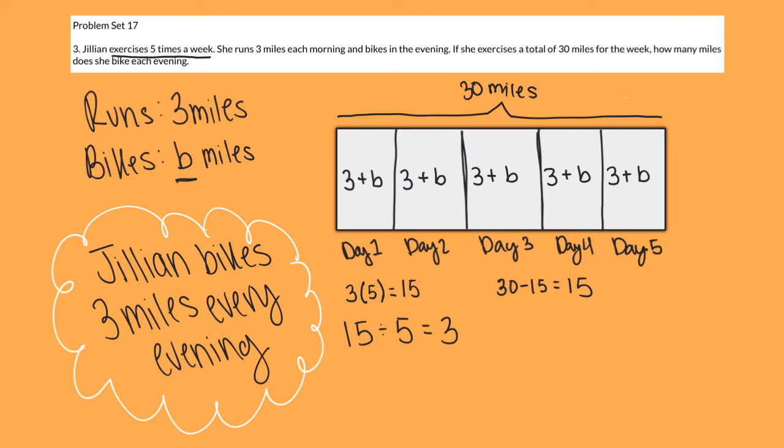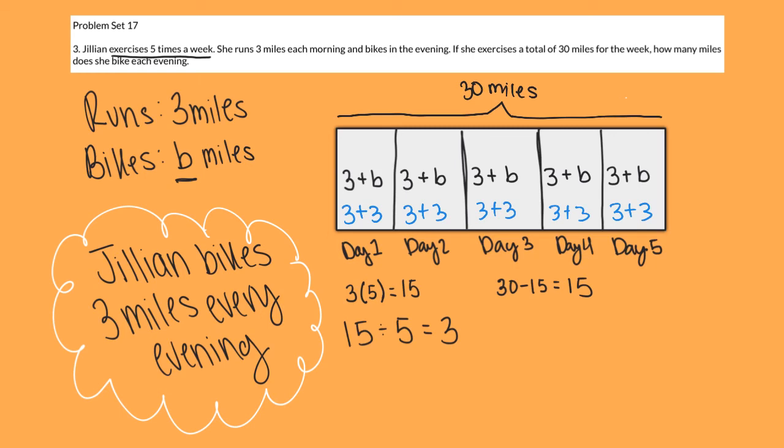Okay. All right, to check our work, we can go ahead and go back to our tape diagram. Now that we know that B equals 3, I have 3 plus 3, 3 plus 3, 3 plus 3, 3 plus 3, and 3 plus 3. Okay, guys, well, what is 3 plus 3?